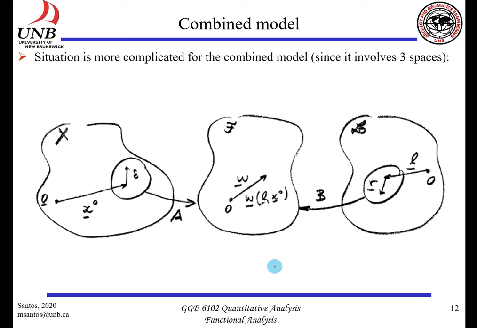We may have a more complicated situation in the combined case, because the combined case will have now the parameter space, the functional space or model space, and the observation space. Here we have two transformations.